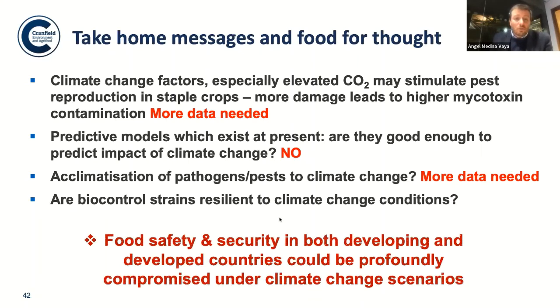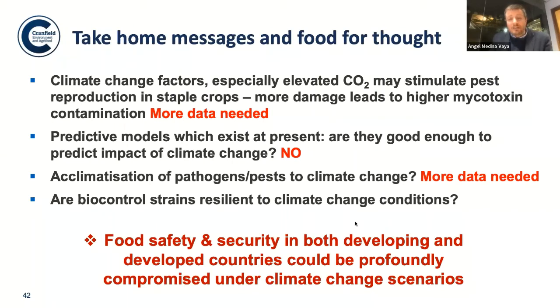So I think, when we look at predicting food safety and security problems, in both developing and developed countries, food security and safety could be profoundly compromised under these new climate change scenarios.